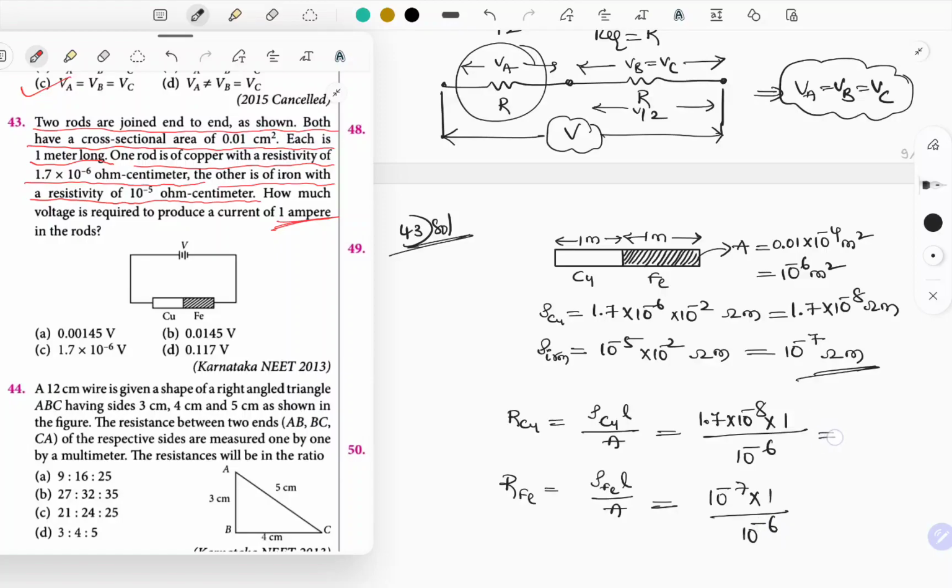Okay, so if this goes to numerator, it will become 10 power plus 6, so it's going to be 1.7 into 10 power minus 2. So this one, if this goes to numerator, it is going to be 10 power minus 1.